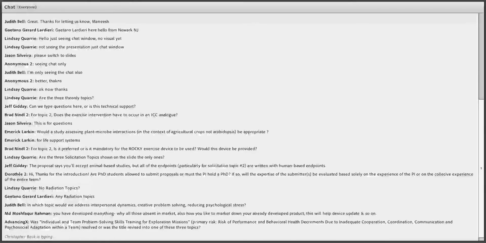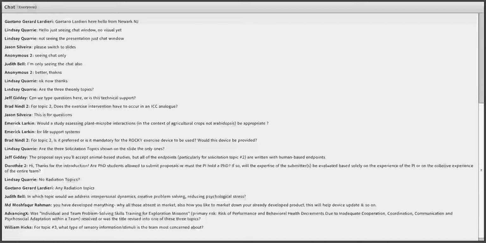Okay, so in which topic would we address interpersonal dynamics, creative problem solving, and reducing psychological stress? You could potentially address it in both topic 2 and topic 3. Topic 2 is focused on how we enhance the use of exercise to reduce stress and increase resiliency.